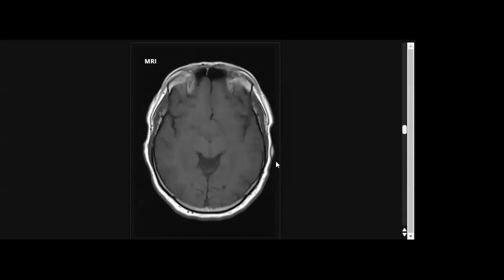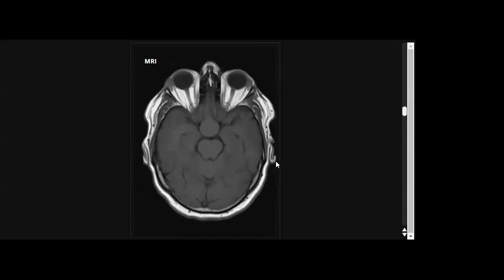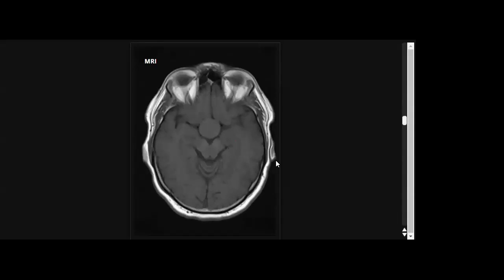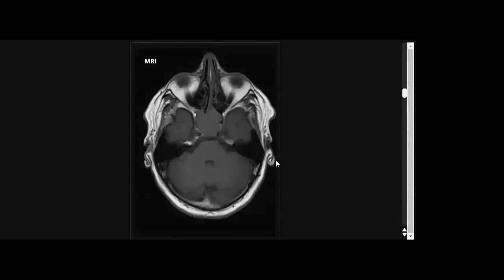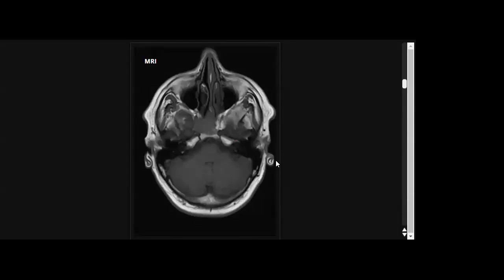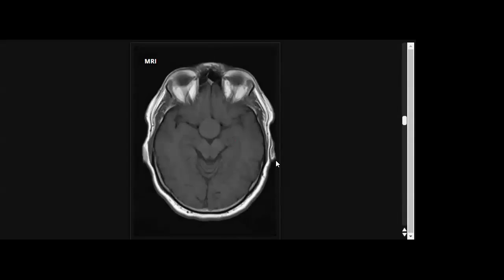The most inferior one, looking for what? The most superior one, looking for what? The sellar region. Sellar is one of the hidden areas. Do you see anything? Yes, there is a lesion centered in the sellar area with extension into the suprasellar cistern.